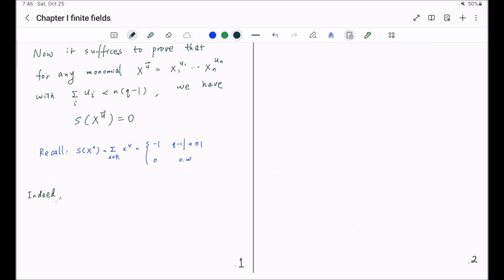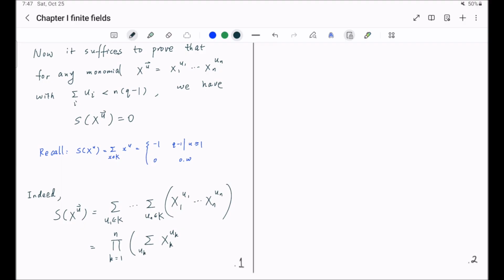Indeed, S of x to u, by definition, this is an n-fold sum, and it can also be written as a product for k equal to 1 to n of the sum x sub k to u sub k, where u sub k ranges over k.